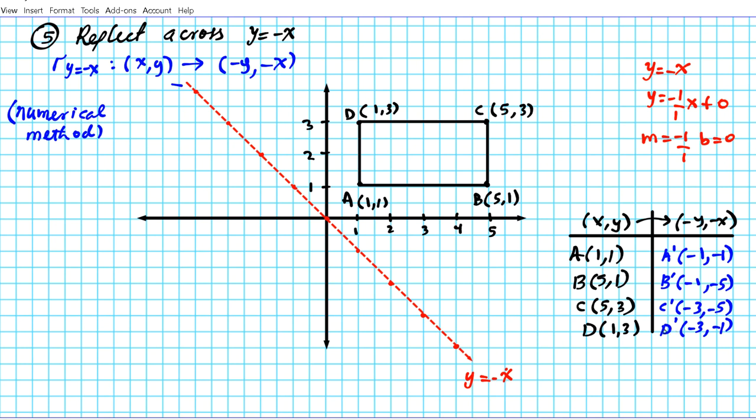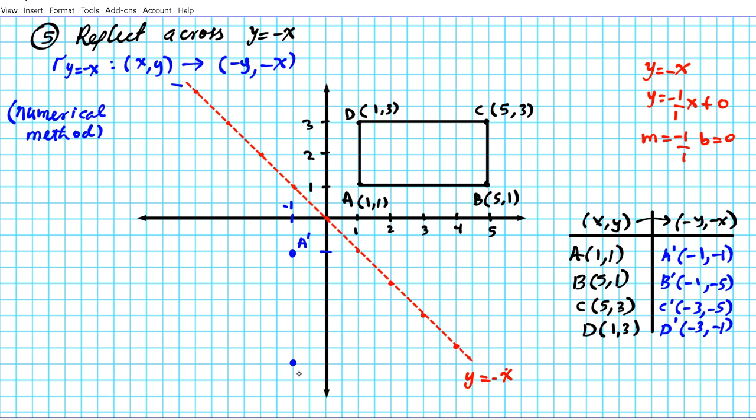Let's go ahead and graph the points. A prime is going to be negative 1, negative 1. It's right here. That's A prime. And then B prime is negative 1, negative 5: 1, 2, 3, 4, 5. So it's going to be right here. Let's extend our coordinate system a little bit. That's where B prime is going to land.